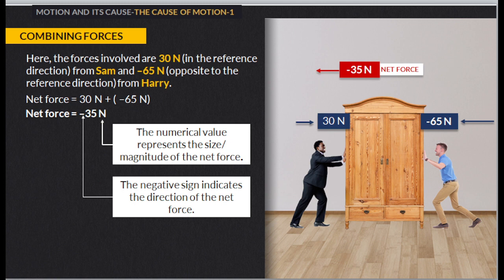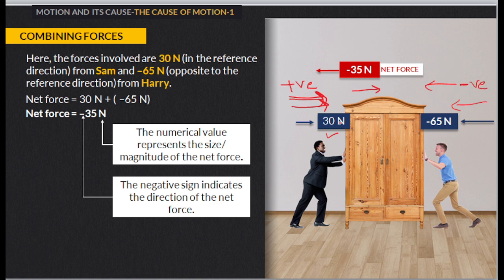So for example, in this case, let's say Sam is applying a force in this direction, that is 30 Newton of force, and Harry is applying force in the opposite direction. If I choose this as my reference direction, as positive, then opposite to this direction I will take as negative.